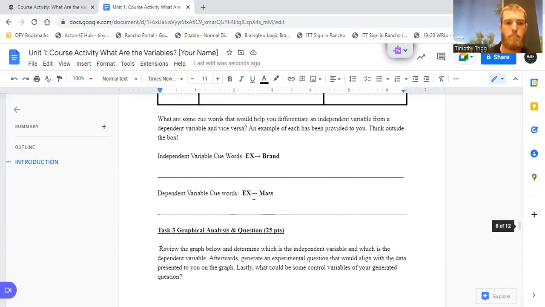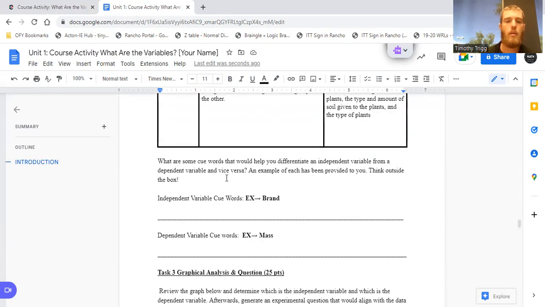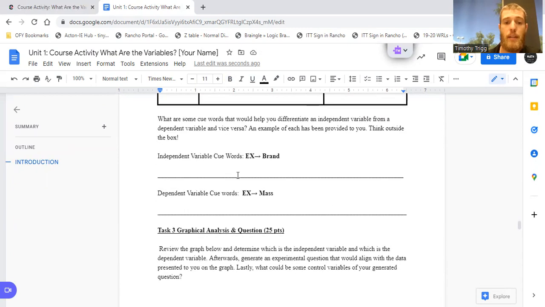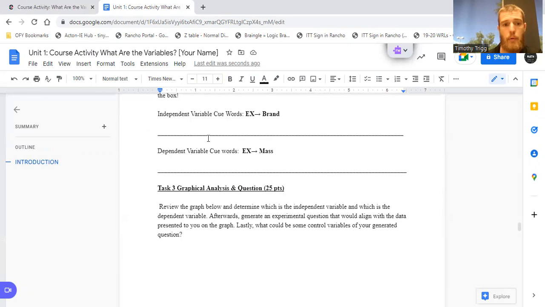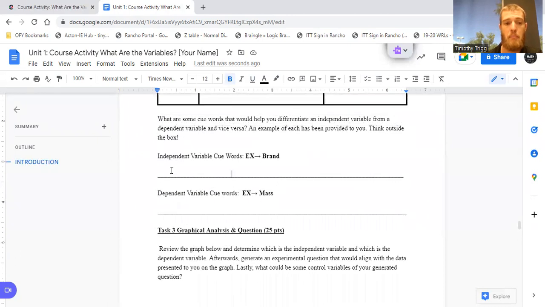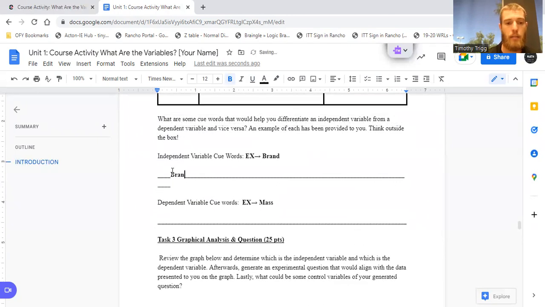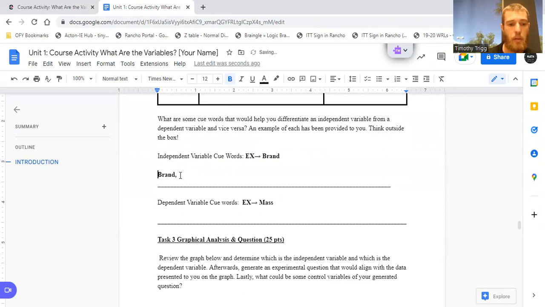All right. Now, what are some clues or cue words that help us to see when the variable is coming up? So back on task 2, we're actually going to do this independent variable cue words. So an example would be brand. So we're going to add that, brand. But what's another word that indicates that, oh, maybe this might be the independent variable here?